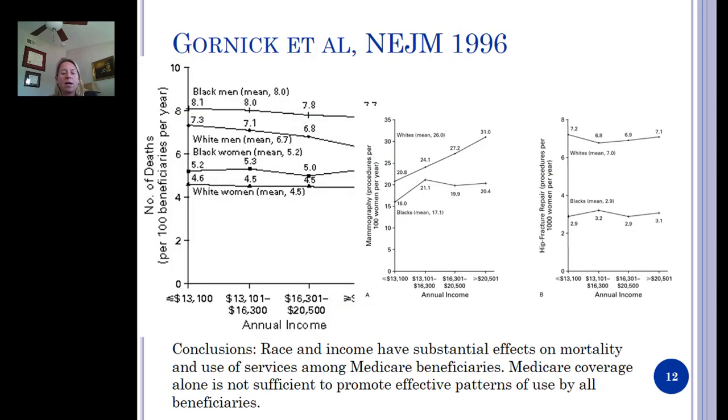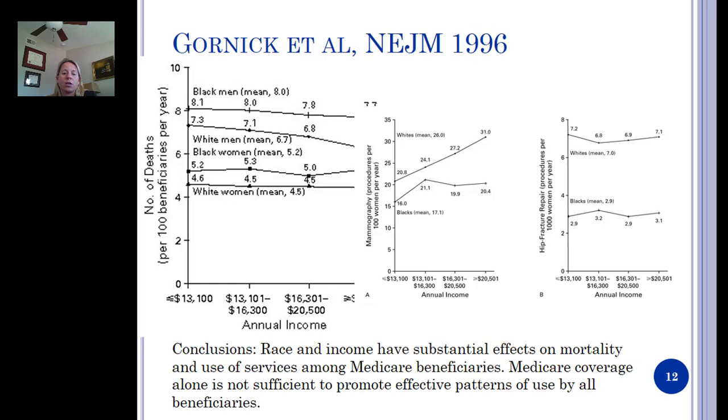And here are some of the data from that publication. Essentially, the data showed that race and income have substantial effects on the mortality as well as the use of services among these Medicare beneficiaries, and that sadly Medicare coverage alone is insufficient to promote effective patterns of use by all beneficiaries.